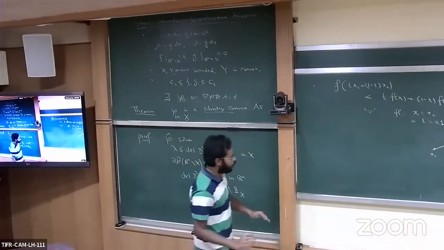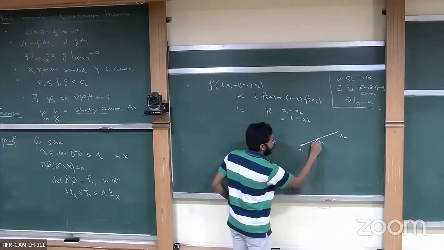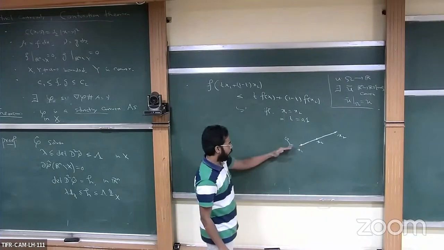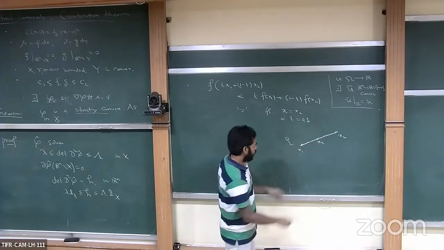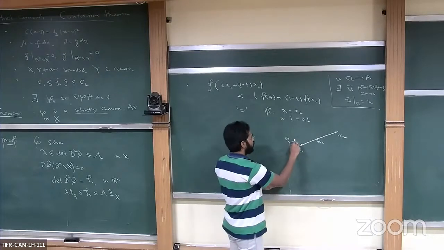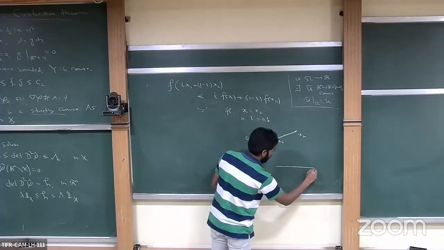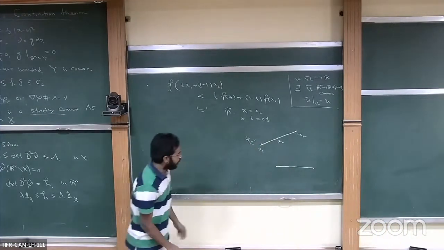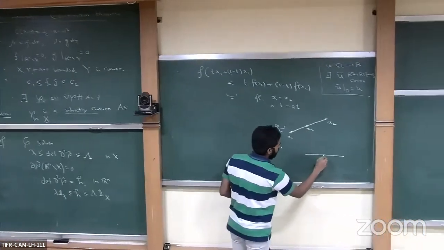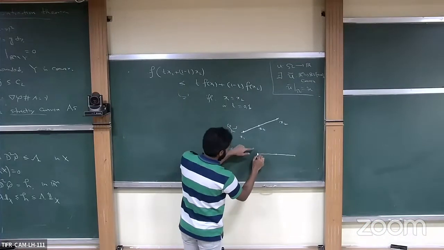Now suppose u is strictly convex on this line, and you are looking from here in this direction. So when you are looking from this direction, let me just draw it something like this. Values are the same, right? So suppose at some intermediate point, it is equal.